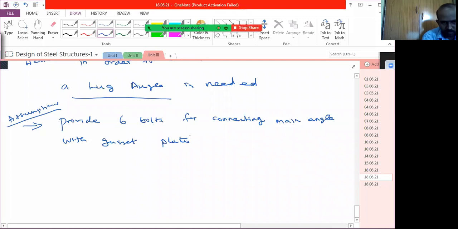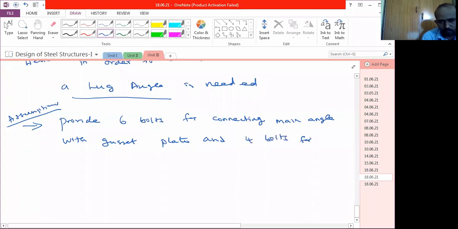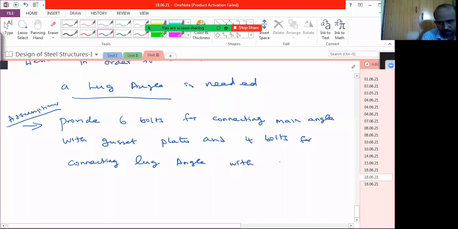So this is one statement. And 4 bolts for connecting the leg angle with the gusset plate.